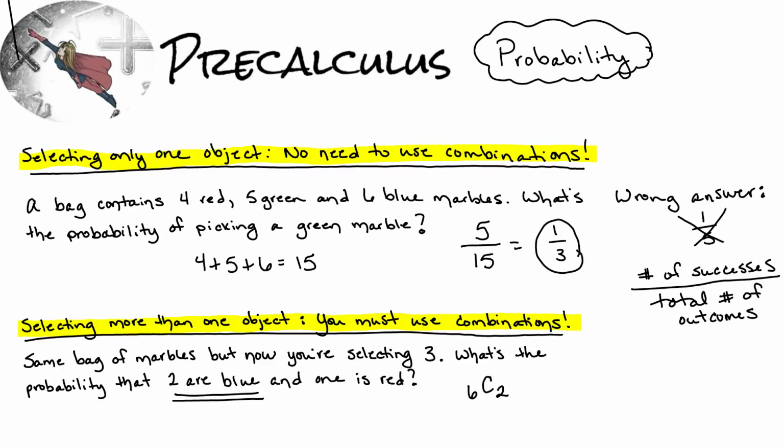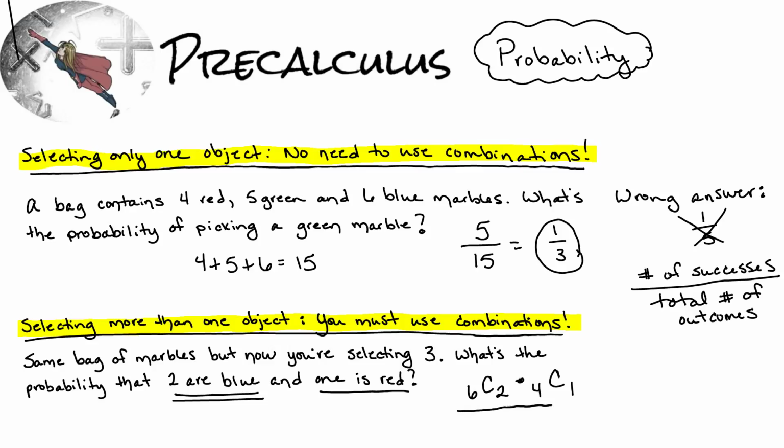Think of C as standing for choose. So there's 6 blue, and we're choosing 2 of them. But that's not all. We want 1 of them to be red. So we look back, there were 4 that were red. So we're going to multiply 4C1: out of 4 red, we're going to choose 1.